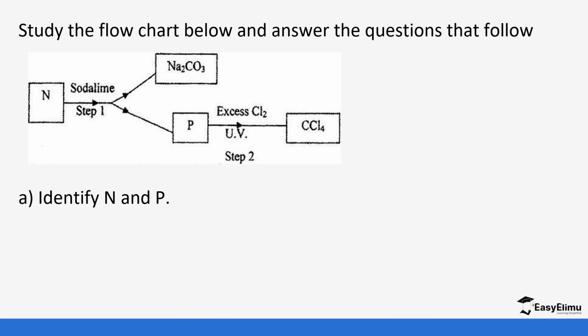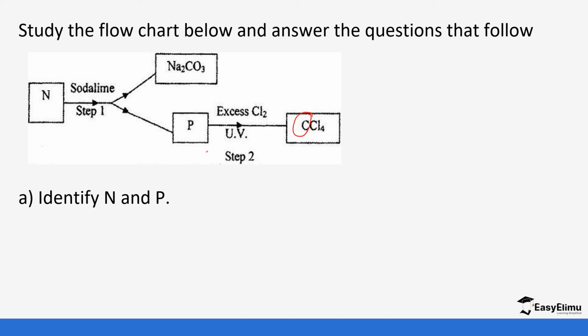The next question is: study the flowchart below and answer the questions that follow. So we have N that reacts with soda lime through step 1 to form sodium carbonate, and P, which reacts with excess chlorine to form tetrachloromethane. I know we have not done this yet; we are going to do it later on. So identify N and P. From the fact that we have one carbon, it means we are forming methane.